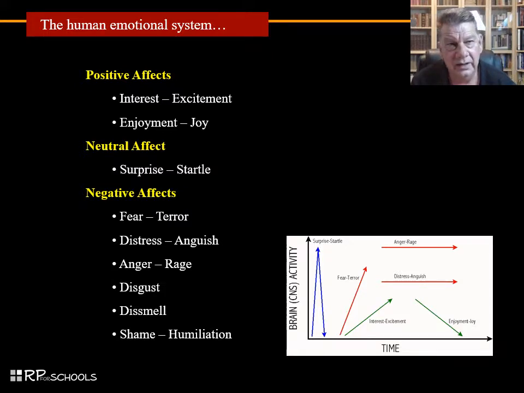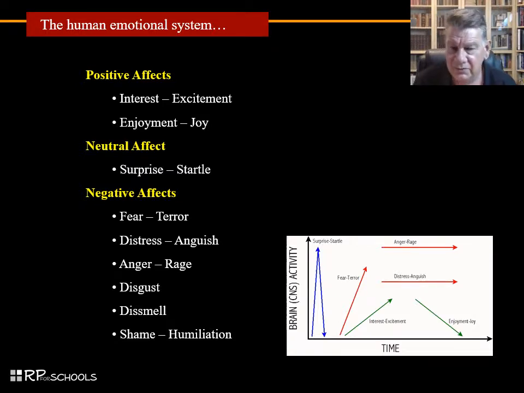So the central nervous system activity is slowly increasing, and that prompts interest, or interest, excitement, as an affect. When the person who's telling the joke tells the punchline, it's resolved, and the neural firing, the level of brain activity drops off, and that's experienced as enjoyment, joy.